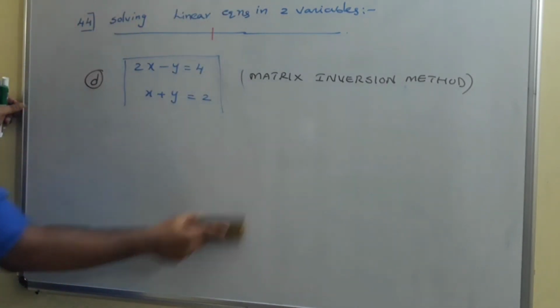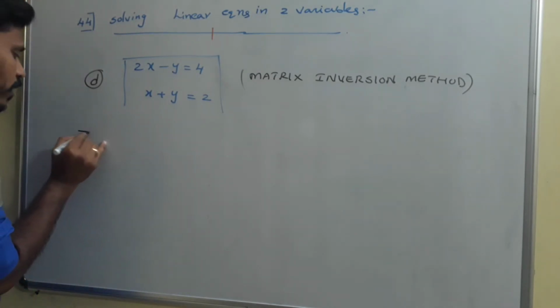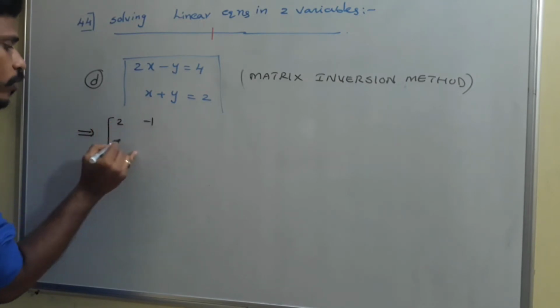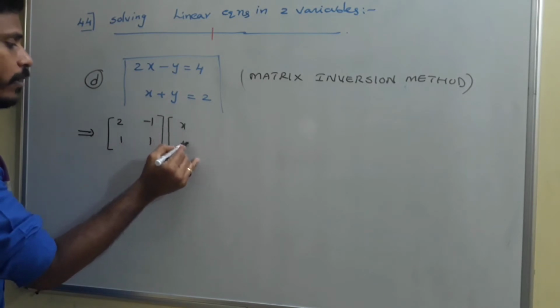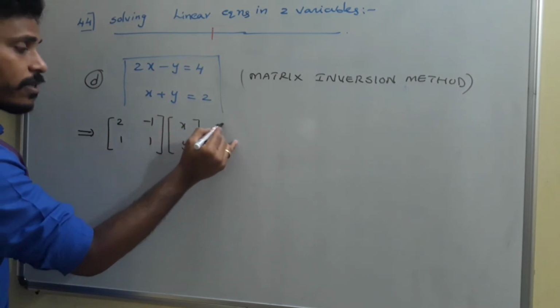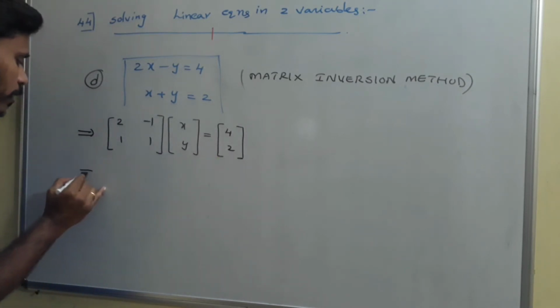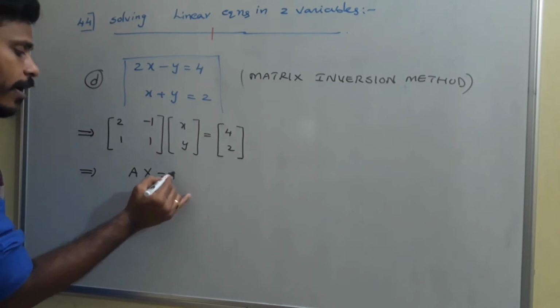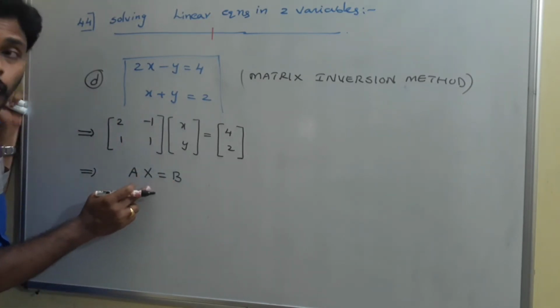See the given equations, easily we will express them in matrix form, and simply the matrix representation is 2 minus 1 1 1 when multiplied with the variable matrix xy gives the result as a constant matrix 4 2, and you simply represent this coefficient matrix as A, variable matrix as X, and constant matrix as B. AX is equal to B I have, and I need to find what?